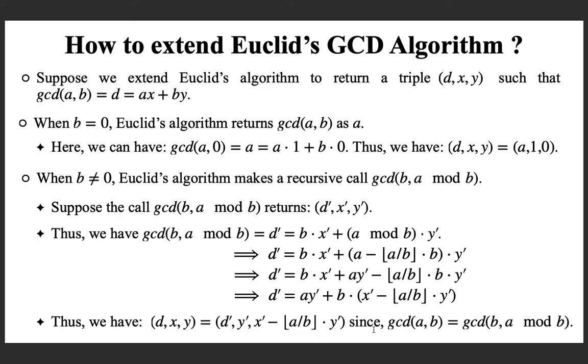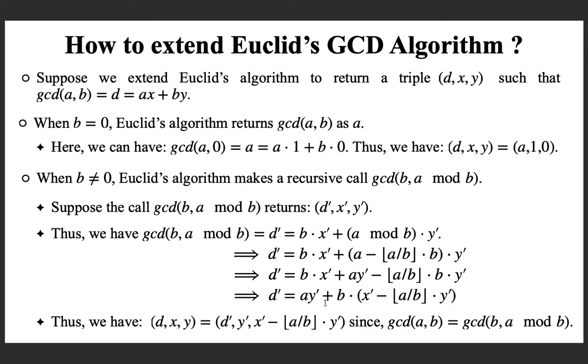Because from the GCD recursion theorem we know that GCD of A and B is the same as GCD of B and A mod B. So this call is returning GCD of B and A mod B as d prime, which is the same as GCD of A and B, and that is why we take d as d prime. So that is okay.